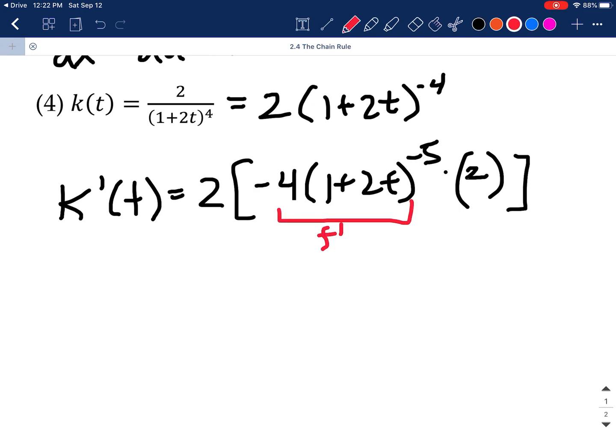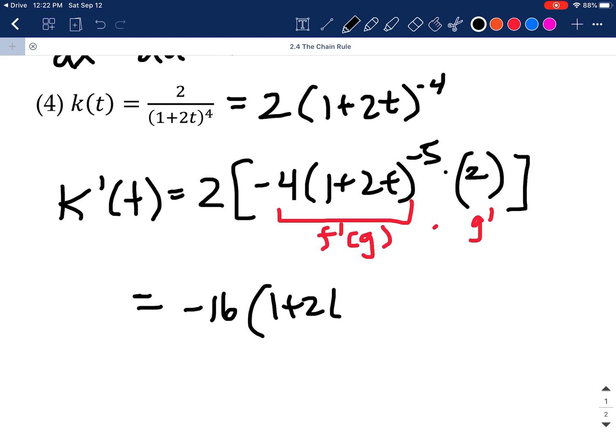So again, this is going to be f prime of g and g prime. And so we can clean that up by multiplying everything through, and we'll get negative 16, 2 times 2 times negative 4, and then (1 plus 2t) to the negative 5. We could leave that as is, or you could rewrite it.